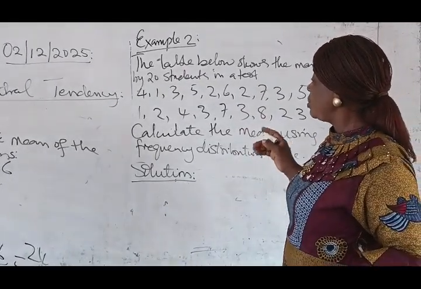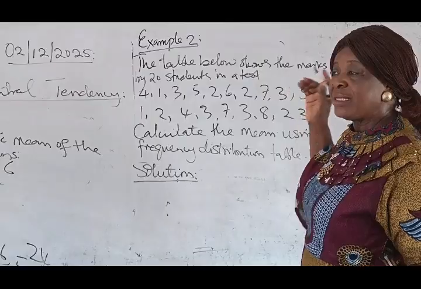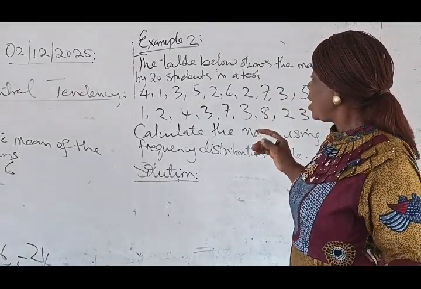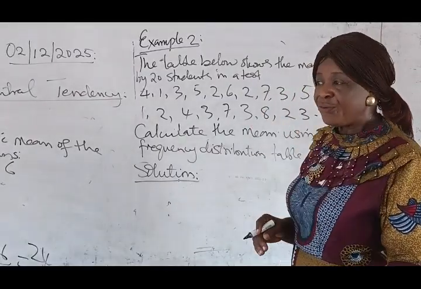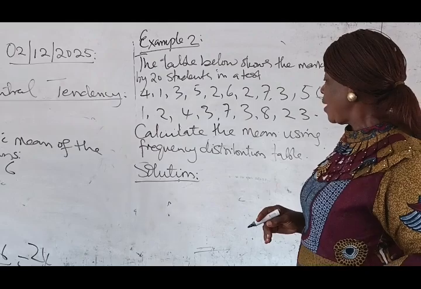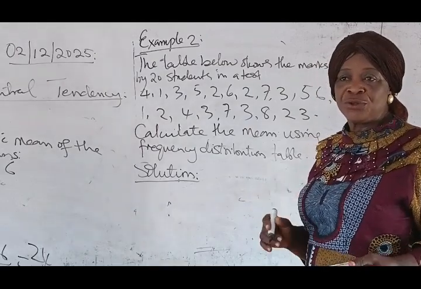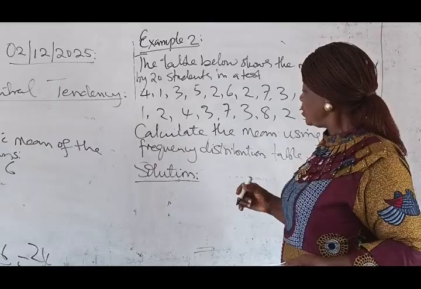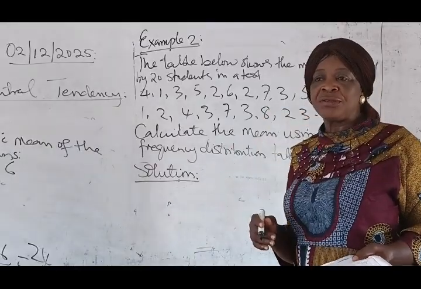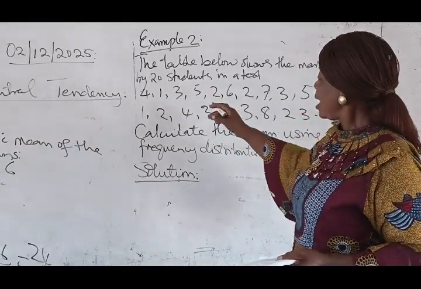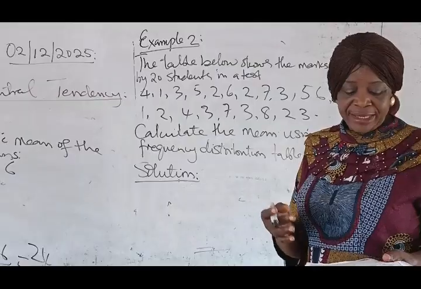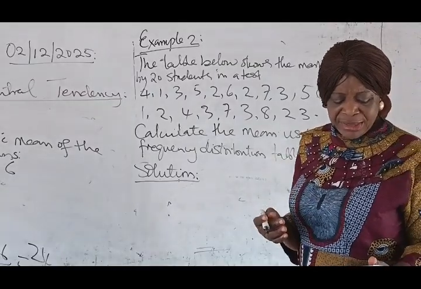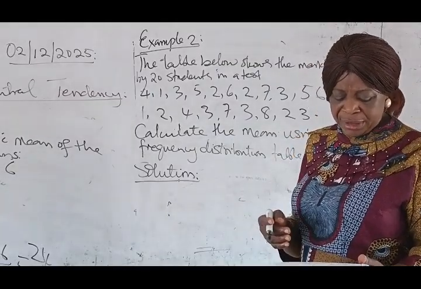So it will not be possible for you to start adding straight, 4 plus 1 plus 3 and so on. So in this case, you use frequency distribution table. But suppose the question did not say use frequency distribution table. Having known this type of observation, you go ahead and use frequency distribution table.